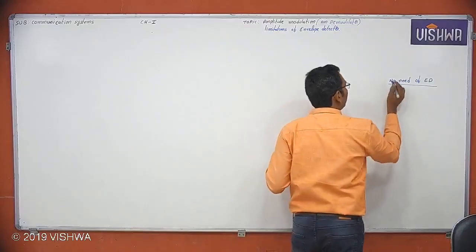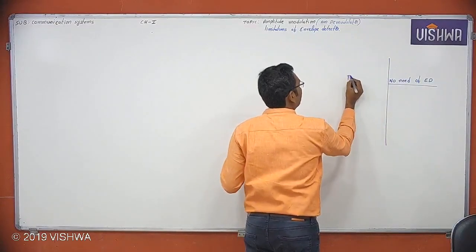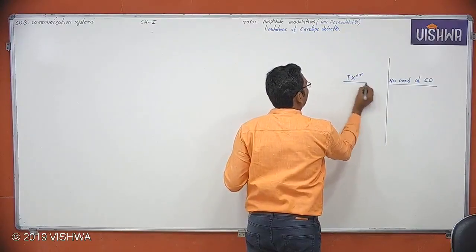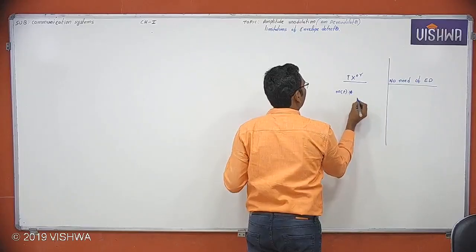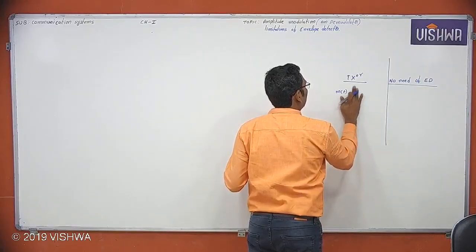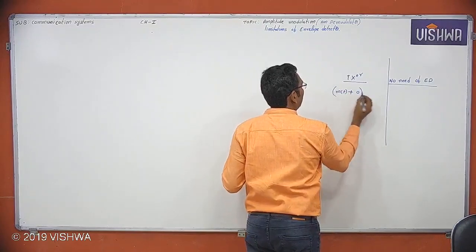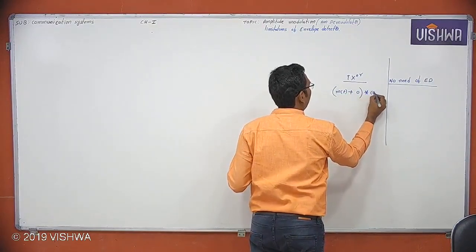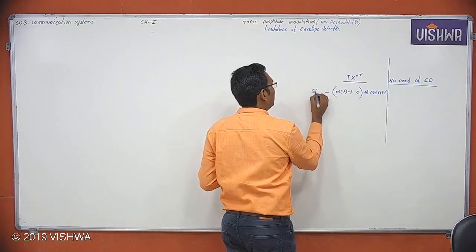If no need of envelope detector is your decision, then at the transmitter side, this is the message, with no DC, nothing, multiplied with the carrier directly. This is the modulated signal.